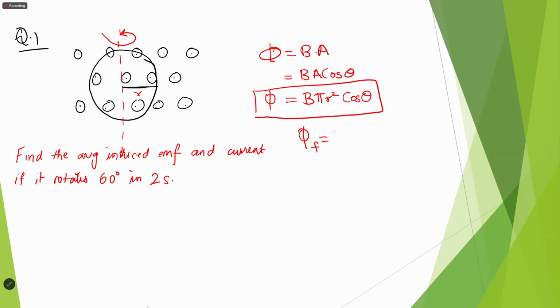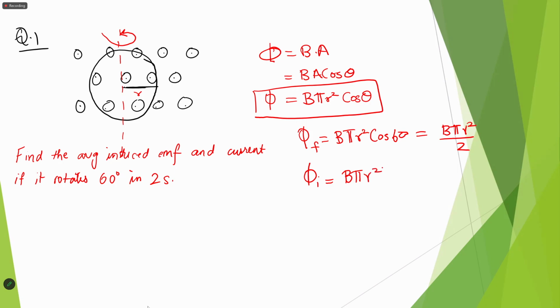So my flux final is equal to B pi r square cosine 60, and cosine of 60 is half. So it will become B pi r square by 2. And then my flux initial: initially the angle is 0 and cosine of 0 gives me 1, so initially my flux is B pi r square.